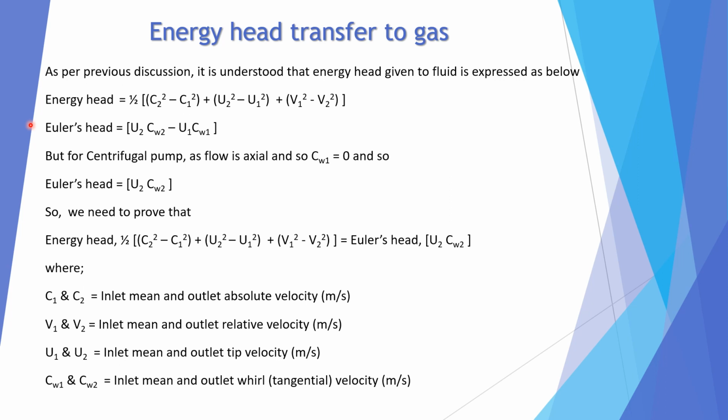For the centrifugal pump, as flow is in the axial direction, CW1 is 0, so this term will be 0. So we can write Euler head is equal to U2 into CW2.